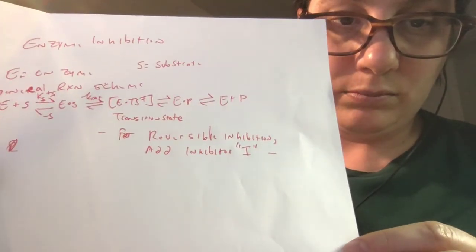So for reversible inhibition, we're going to add inhibitor I. And so when we add I to this equation above, we're going to have a new equilibrium with that enzyme and substrate.